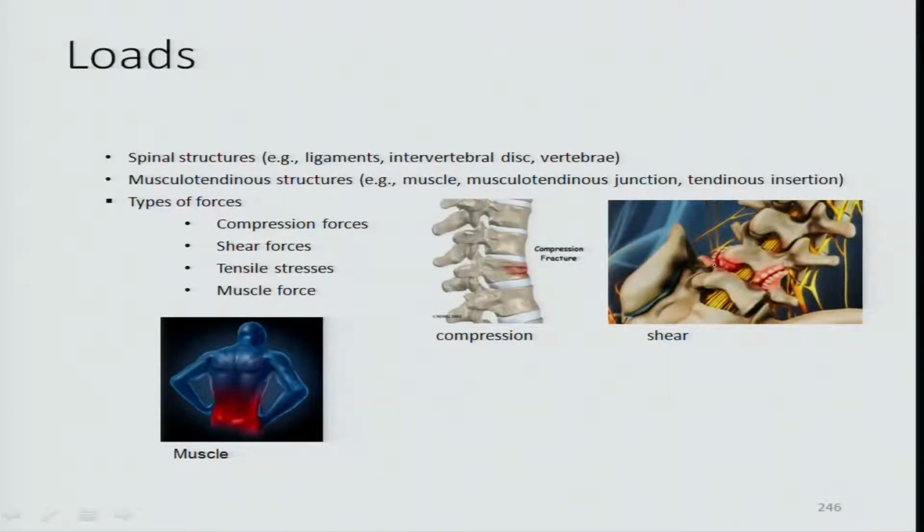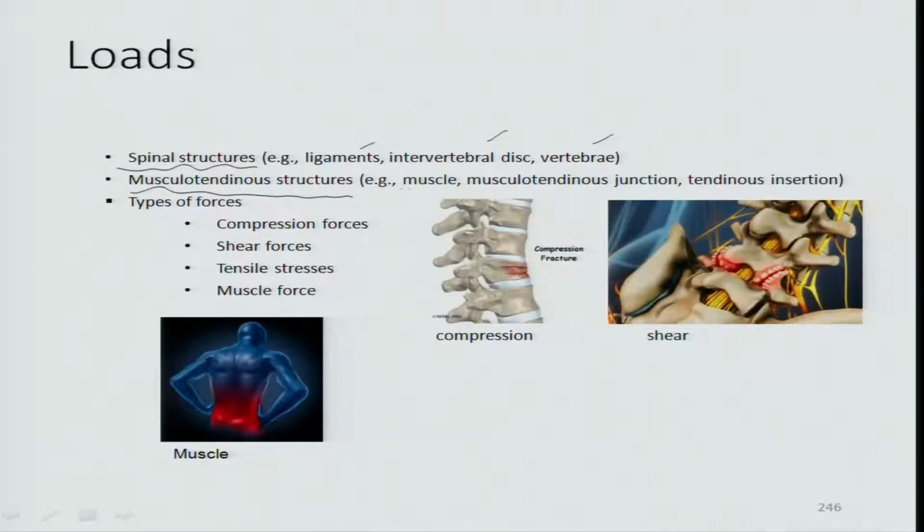So, if we look closely at how you can categorize these joints biologically, you have the basic spinal structure which contains the ligaments, the intervertebral disc, the vertebrae, and so on. Then there are the musculotendinous structures which are responsible for creating all the active components and forces between these joints, so that they are able to rotate and move with respect to each other.